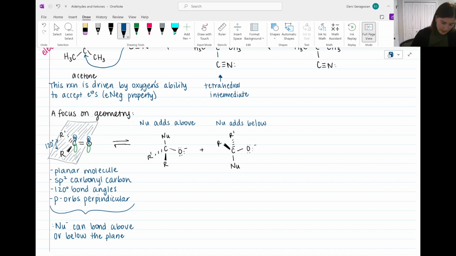So let's write some notes here. We started with a planar molecule, now we have tetrahedral molecules. That carbonyl carbon is now sp3. Our bond angles in an sp3 geometry or hybridization is 109.5 degrees.